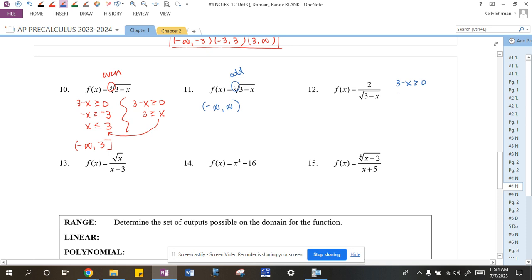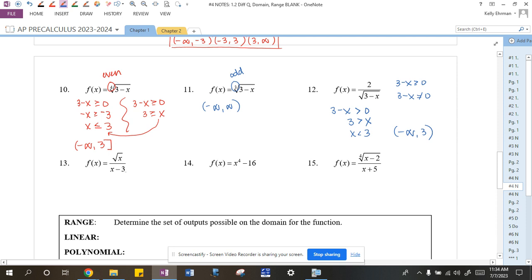But the denominator says, yeah, but 3 minus x can't equal 0 either, because then you'd be dividing by 0. So when I see an even root and a denominator, I just say 3 minus x should be plain greater than 0. 3 should be greater than x, or in other words, x should be less than 3. So negative infinity to 3 with parentheses.